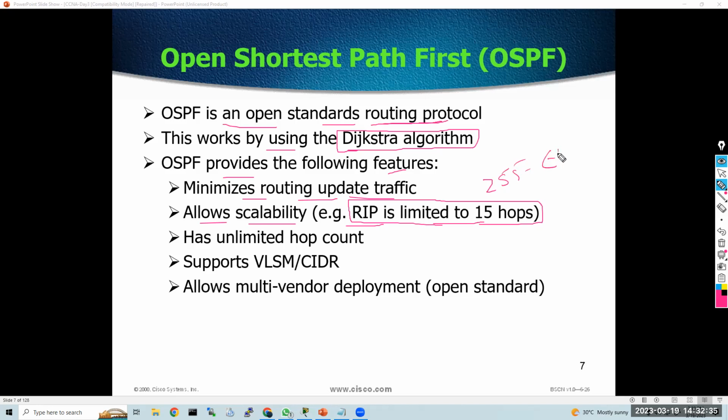That is EIGRP. And here it is unlimited. That's the reason most organizations use OSPF, because networks have become very vast nowadays, guys.